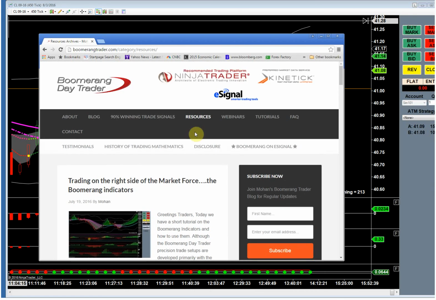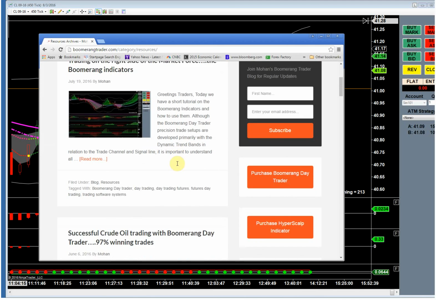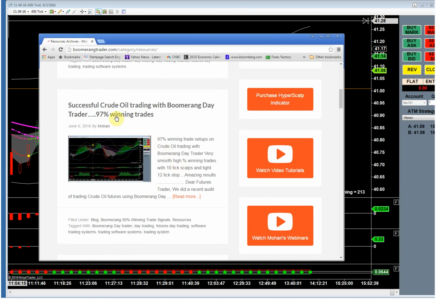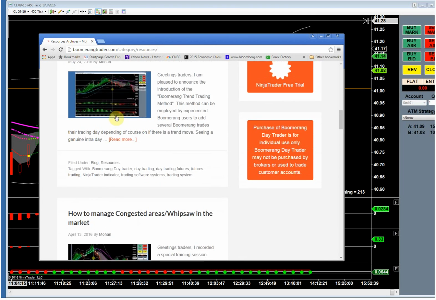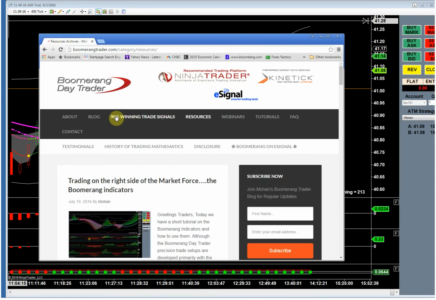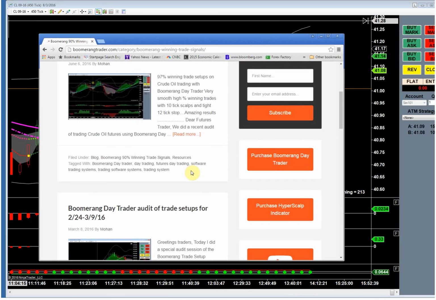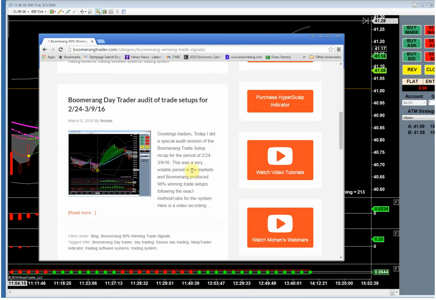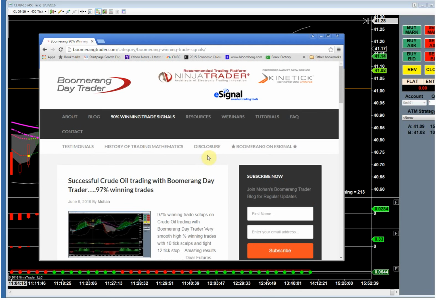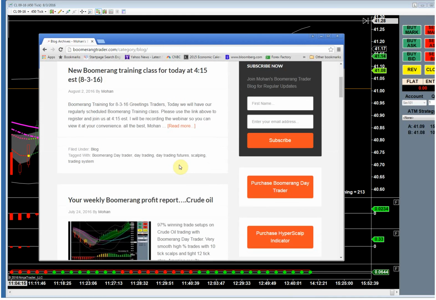Let me just show you under the resources, if you want to see more crude oil examples, successful crude oil trading with Boomerang, here's an example. Okay, we repeated that one. I had a previous one, maybe it's on the blog here, on crude oil.